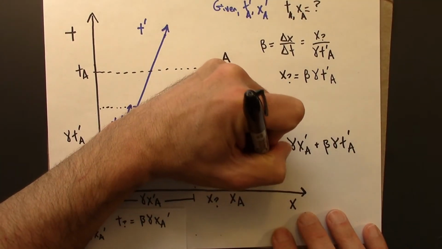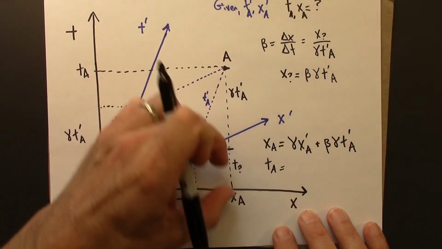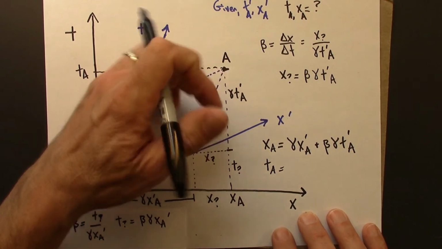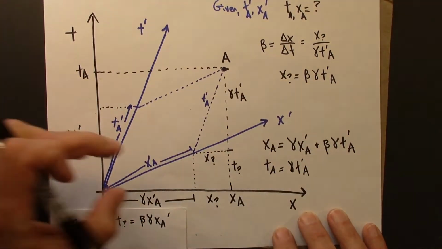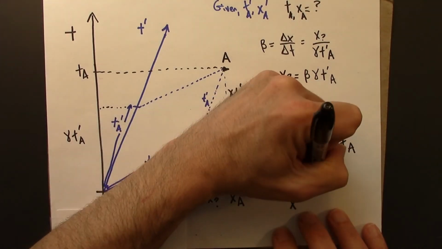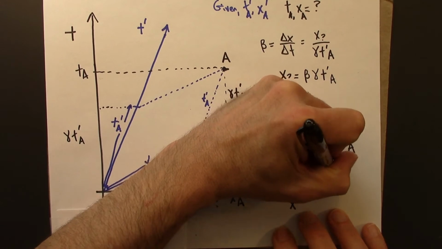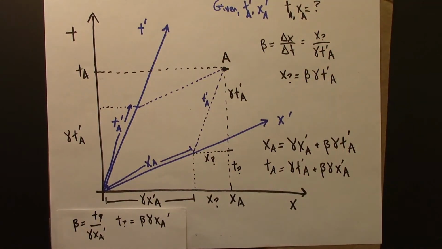So then we can put it together and say, all right, this length, that's t_A. And what is it? It's going to be this plus that. This is gamma t prime A. And this, t question mark, is beta gamma x prime A. And we've done it.